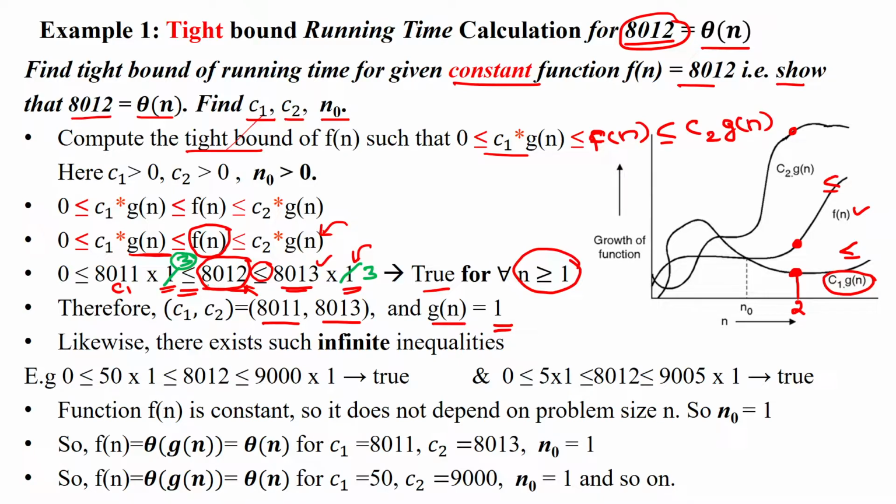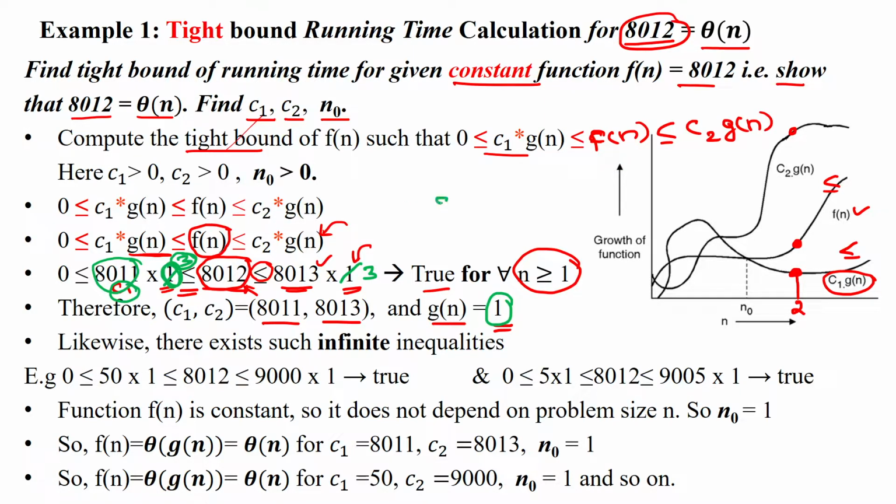We can only take the constant function g of n equal to 1. We cannot take beyond that. But when you are taking 3, this constant will be reducing, so the C1 will be different.